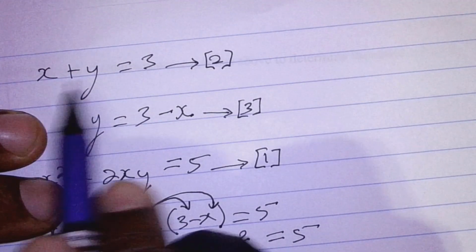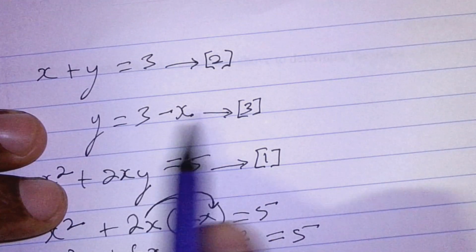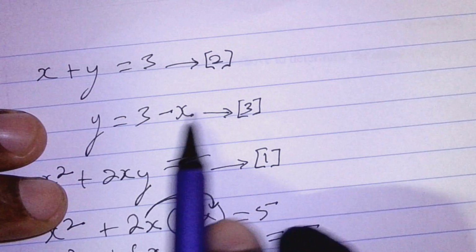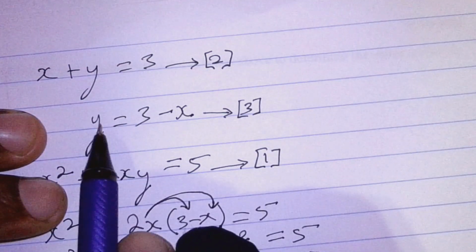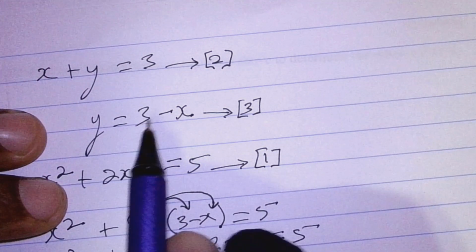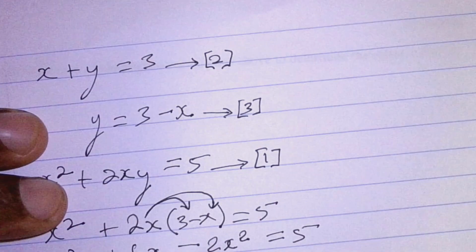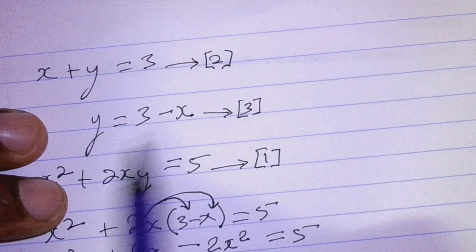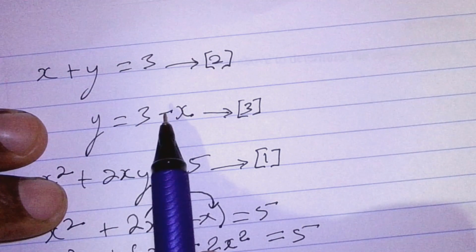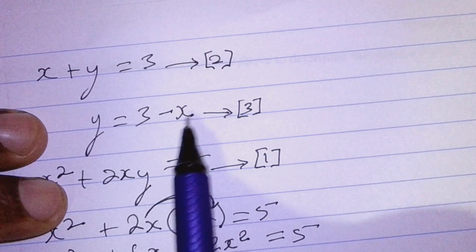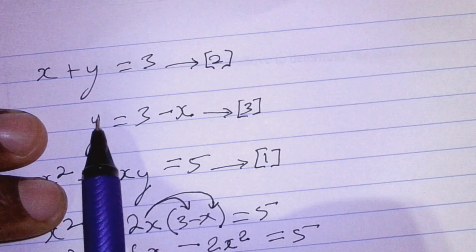Remember we said that instead of using this linear equation, we will use this one in the future, because that's why I wrote it as equation 3. But they're basically the same equations. It's just that y is already the subject. So we have y equals 3 minus x, which is just this. So I'm going to use this one since it's easy to substitute the value of x here, and 3 minus whatever x is will give us the value of y.